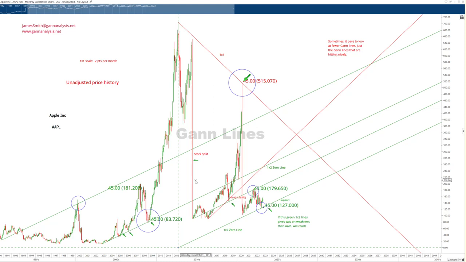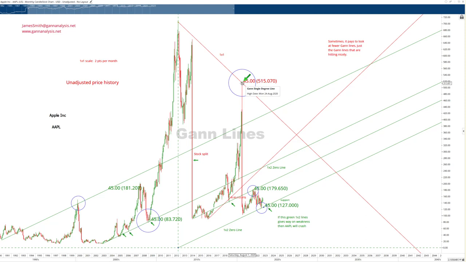Now, it doesn't mean I won't look at adjusted price history for a square of the range or things like that, but sometimes it's useful to also look at unadjusted price history. And obviously, you would never have gotten this hit without doing it this way.